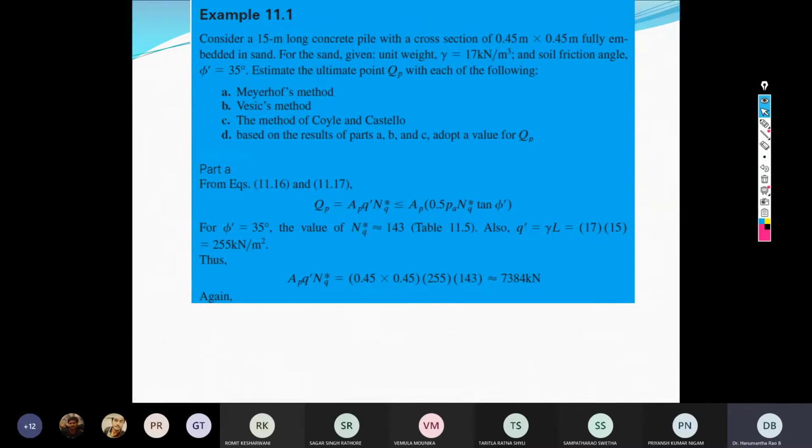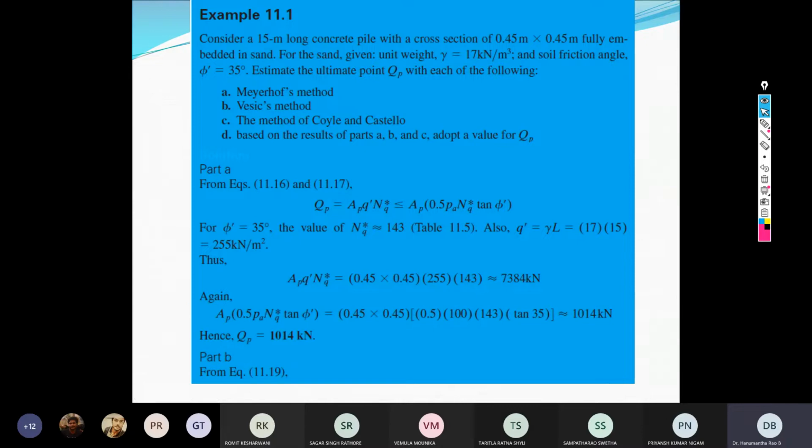However, this shall be less than or equal to the Q limited value, that is Ap into 0.5 into pA into Nq star into tan phi dash. Ap is 0.45 by 0.45, and the atmospheric pressure pA is 100 kilopascal, Nq star is 143, multiplied by tan 35.